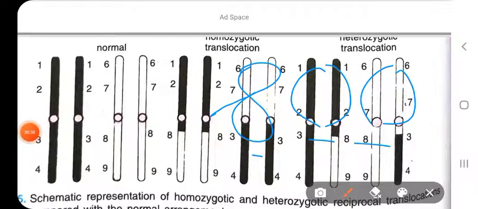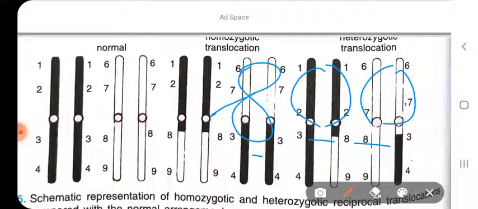So again I am repeating the part that I mentioned a little while ago. What I have talked about in case of reciprocal translocation heterozygote is that it produces both translocated chromosomes and normal chromosomes, and they will exhibit both cytological and genetic effects.